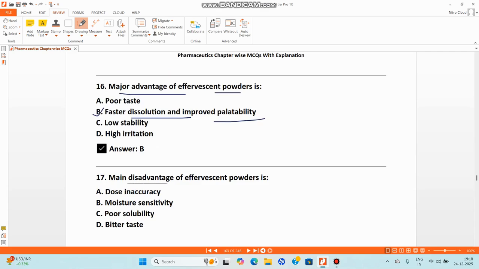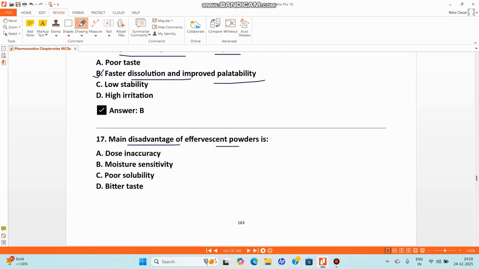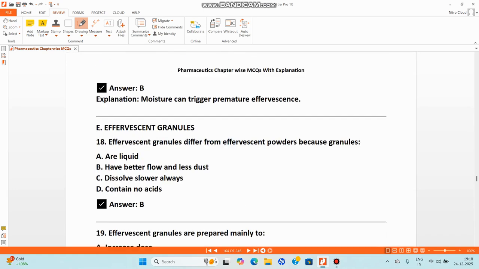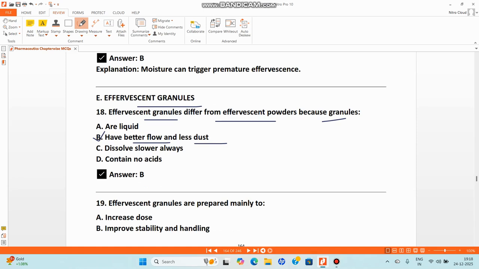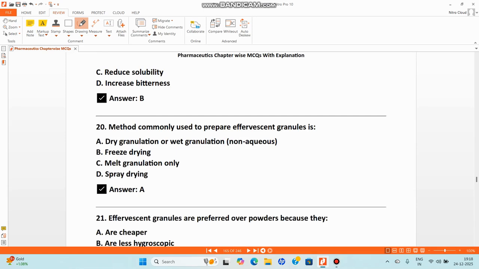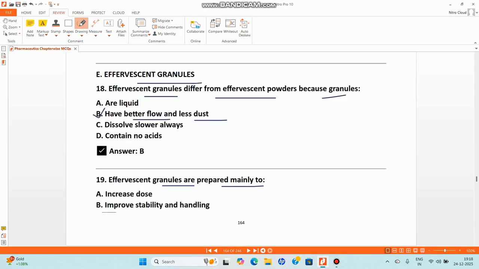Okay, the main advantage of effervescent powder is B, faster dissolution and improved permeability. And the main disadvantage of effervescent powder, the answer will be B, that means moisture sensitivity, right? Next, effervescent granules. Effervescent granules differ from effervescent powder because granules have better flow and less dust. Effervescent granules are prepared mainly to improve stability and handling.